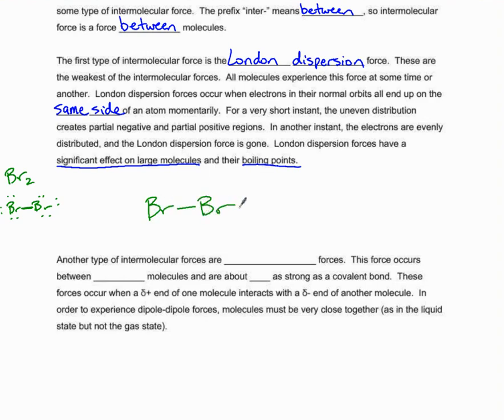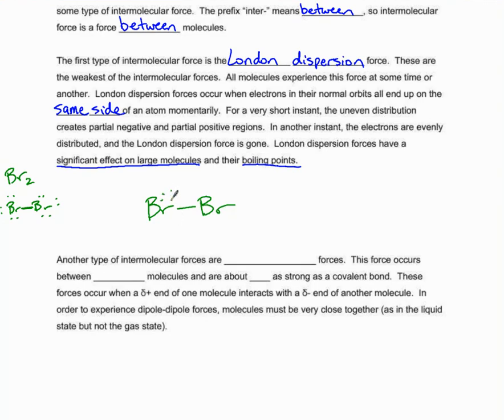Here are my 2 bromines, and bromines are pretty large atoms. Each of these is going to have 35 electrons, which is getting up there in number to the point where it's big enough that they start to not always behave according to the rules. So I'm not going to count these.